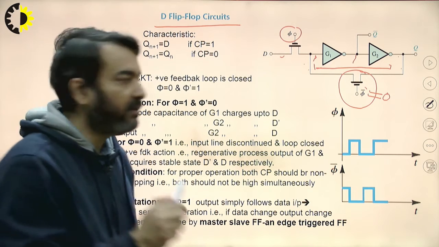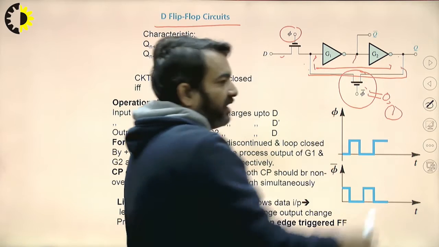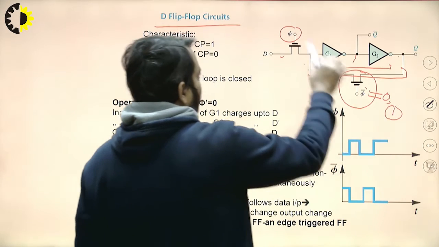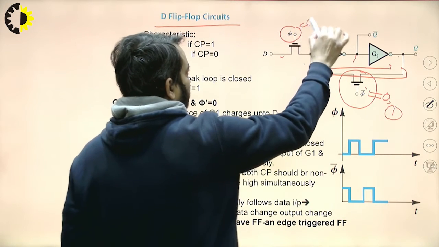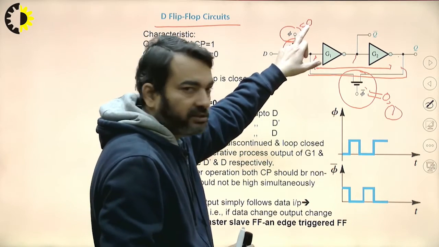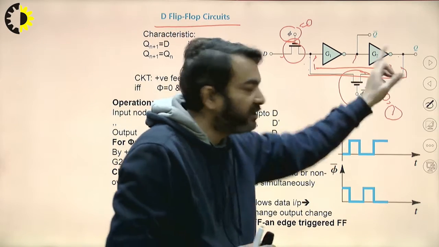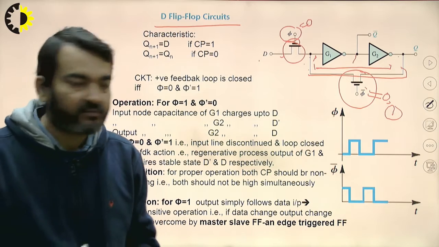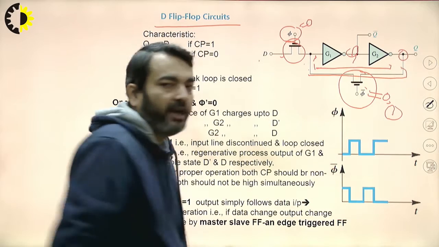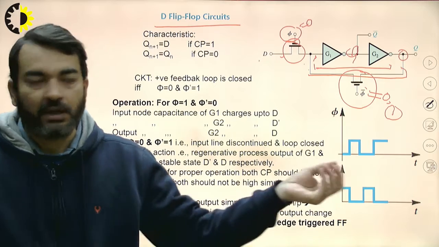But when the clock is high, this loop will be established. The clock is high means this clock will be 0 and this transistor will be off. So there is no data input, but the loop is established, so the regenerative process will be there, and the output at these two points will be maintained at their previous value, whatever logic these two points have.